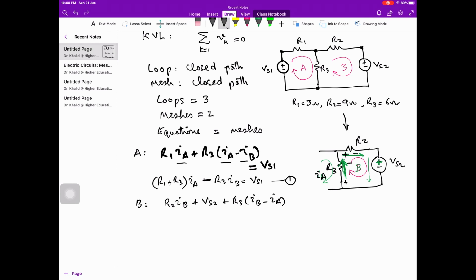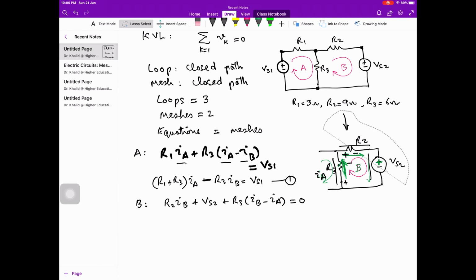Sorry for this. So we have completed the closed path, and there is no other element in it. So right hand side is equal to 0. It's a voltage drop, and in this direction voltage drop. So this is our second equation.